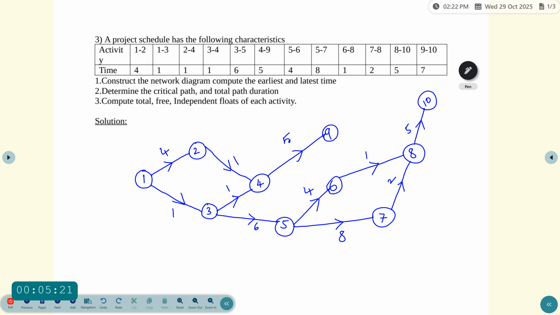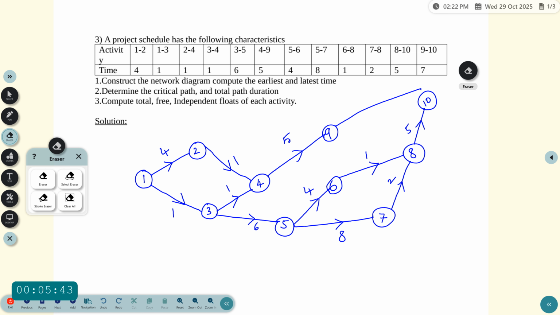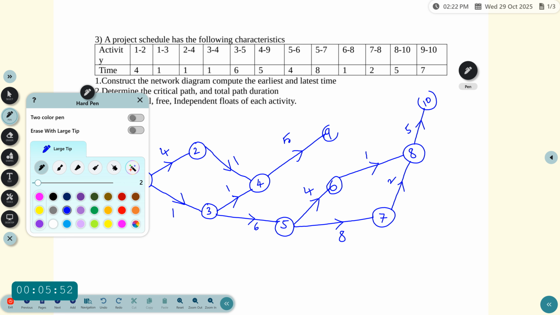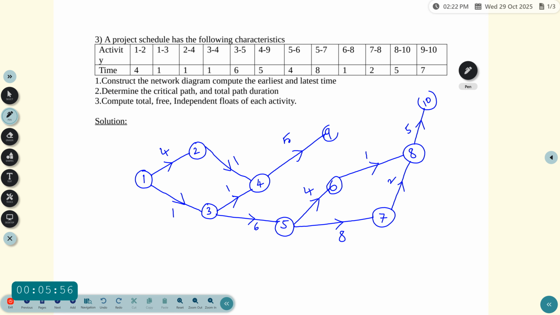And the last activity is 9 to 10: 9 is there, connected with 10, and the duration is 7.